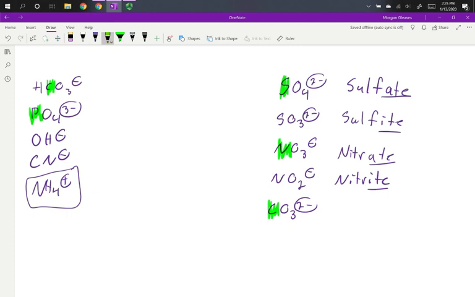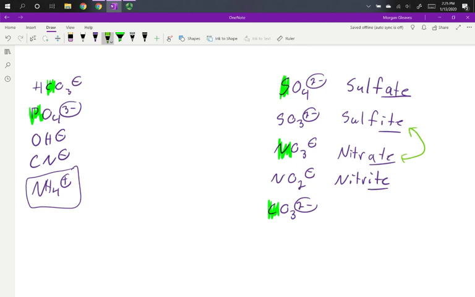But you'll notice, if we compare sulfite and nitrate, they both have 3 oxygens, but we use a different ending. The suffix does not tell you how many oxygens. It only tells you one of them had more.